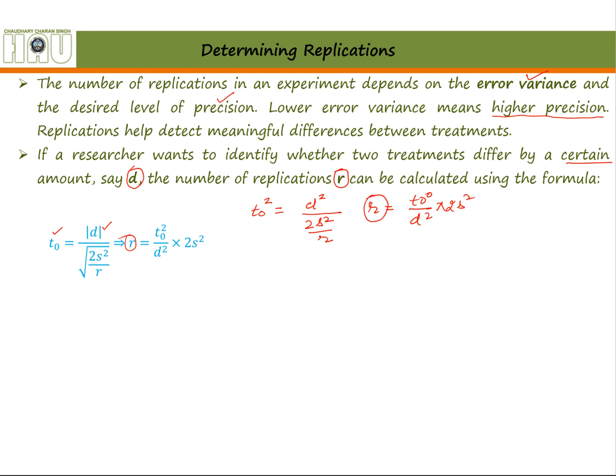So you can determine R if you have a certain level of significance, and if you want to detect a certain amount of difference, say D, where S square is the error variance.